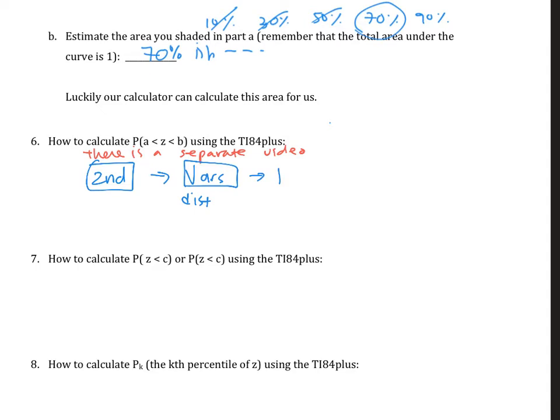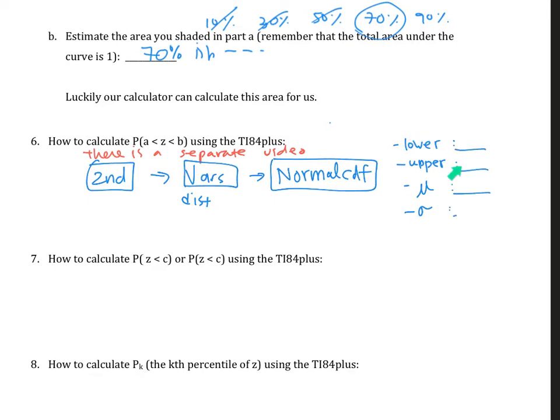We'll go to normal CDF. It asks for lower bound, upper bound, mean, and standard deviation. So these are 4 numbers you need to input.